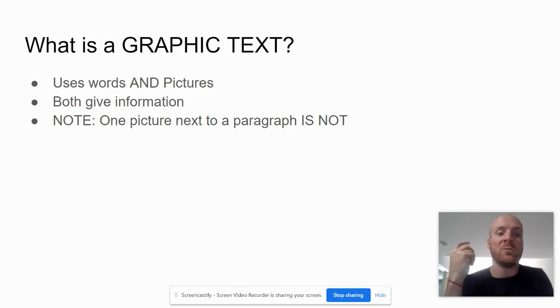So for example, one example of something that is not a graphic text is a picture that is next to a paragraph. It's not a graphic text, that's just a picture. So like your textbook is not a whole thing of a graphic text. It has pictures and it might have some graphic texts, but it's not itself a graphic text.